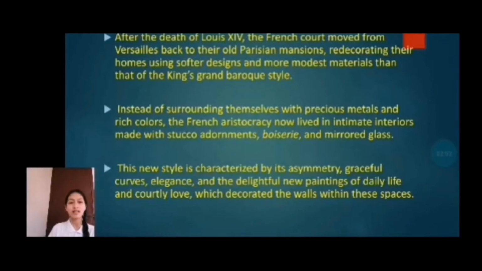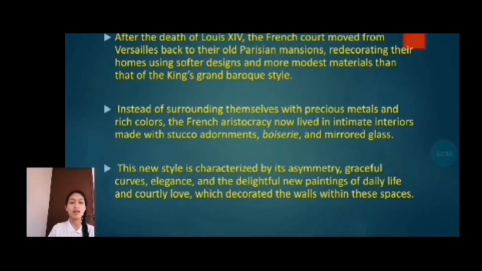So this new style is characterized by its asymmetry, graceful curves, elegance, and the delightful new paintings of daily life and courtly love which decorated the walls within these spaces. In the Rococo period, they gave importance to asymmetry, the gracefulness of the artwork, the elegance, and the delightfulness of the paintings.